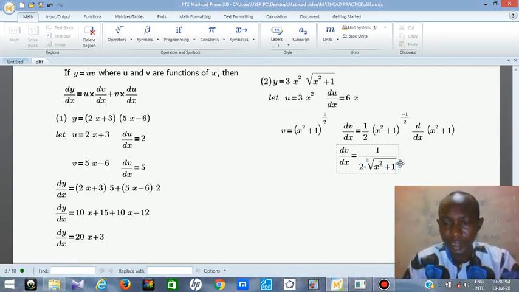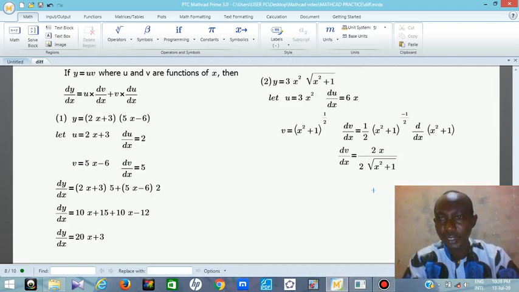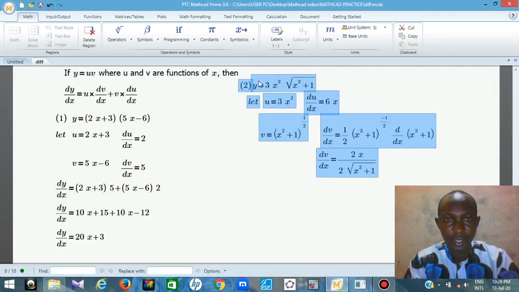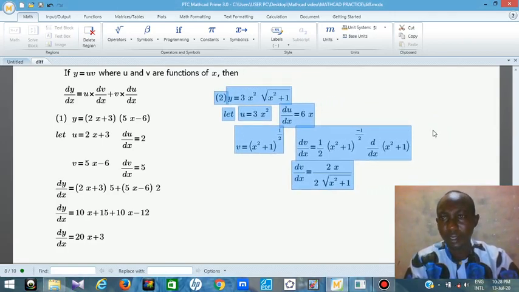Then times the derivative of x squared plus 1. d/dx of x squared gives us 2x, so 2x is coming to multiply 1, which is finally going to be 2x. So the differentiation of this one is complete now. Let me move it down to this place so that we can see it well.